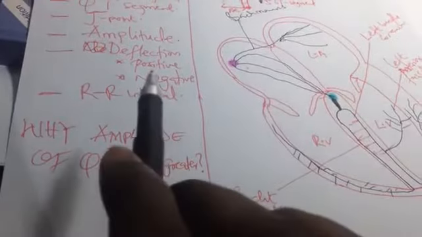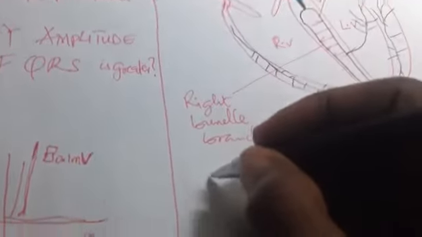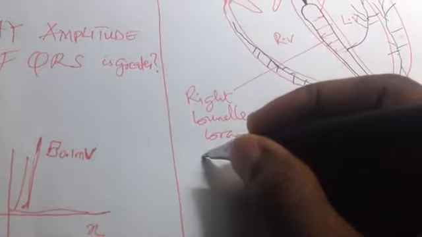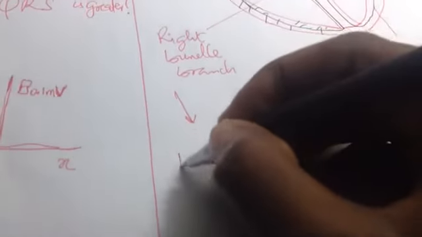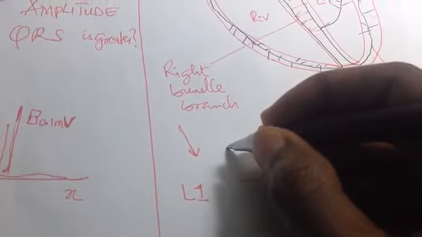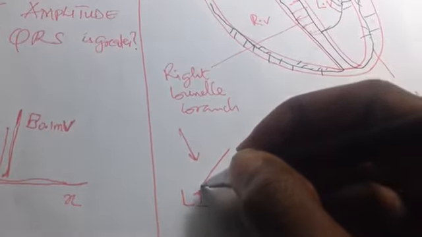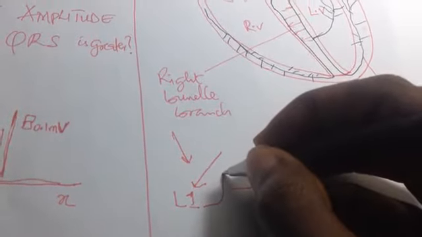So how and why the positive deflection and negative deflection are formed: for any lead, when the action potential is traveling toward a particular lead, for example this is lead 1, and the direction of the action potential is going toward that lead 1, that lead will show a positive deflection.